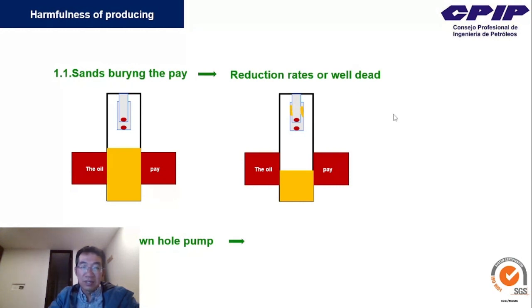And the second one is the operation of the downhole pump. The result is a stuck pump. This one has some sand in the pump, so the pump will get stuck or the production rate is reduced.